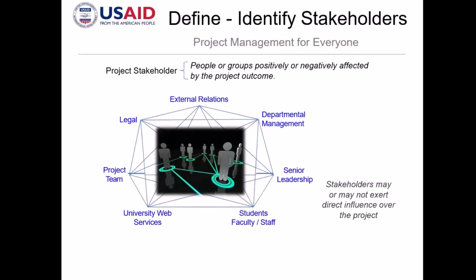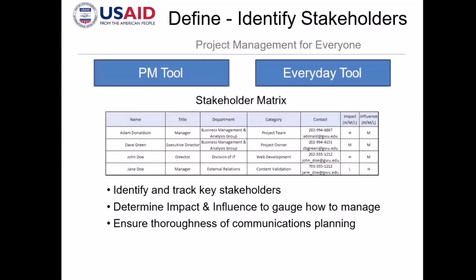As we have said, the project stakeholders come from a diverse group of individuals and people. All those that have influence over the project, either directly or indirectly. So in order to have a good understanding of your stakeholders, what I do is I produce a stakeholder matrix, right?